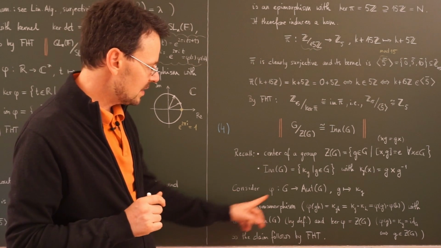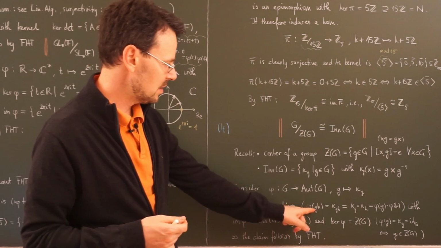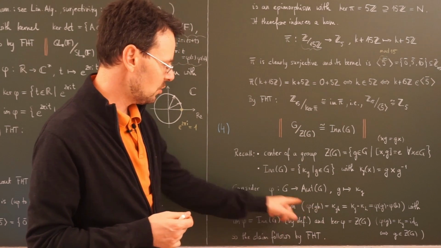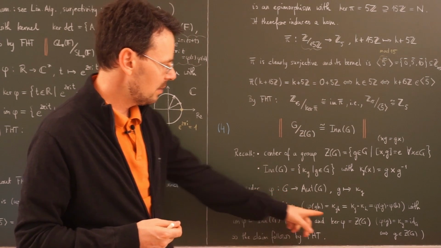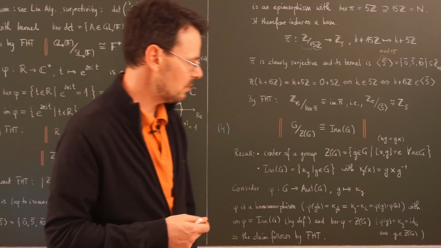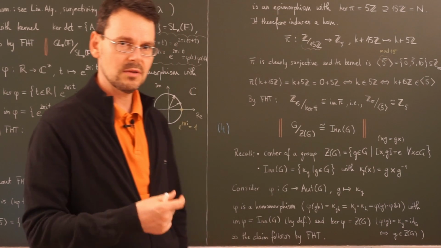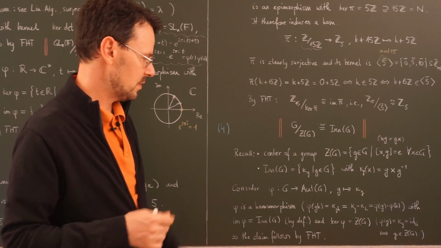So now phi itself is a homomorphism. What does that mean? That means that phi of g times h, in this group, must be the same as phi of g composed with phi of h, because in this group, composition is the group operation. So we compose the two maps.